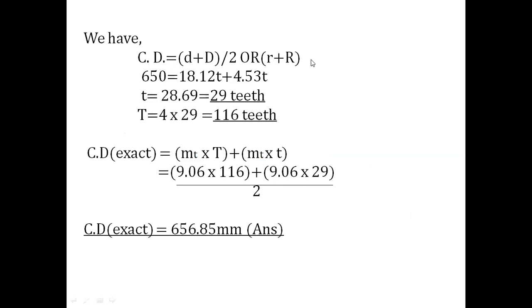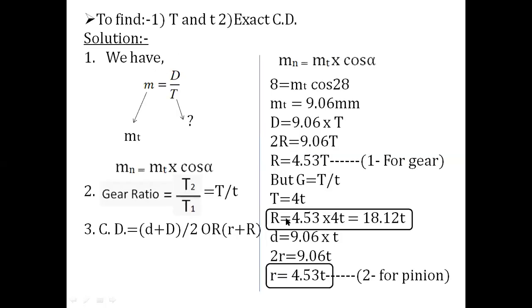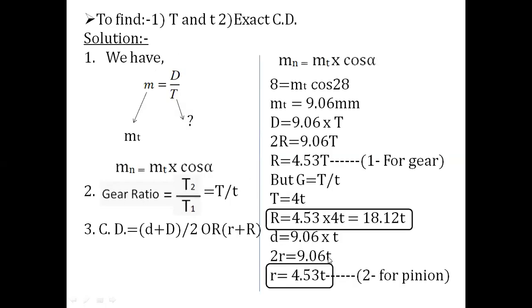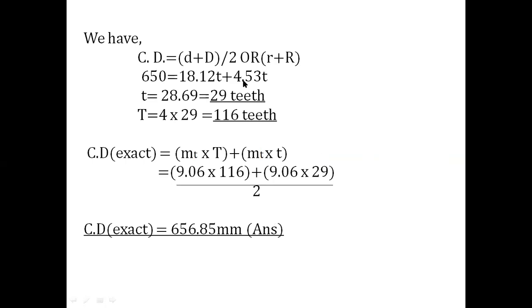The center distance is equal to small r plus capital R, where the approximate center distance is given as 650 mm. Capital R is equal to 18.12 into t, and small r is equal to 4.53 into t. So only one unknown is there.